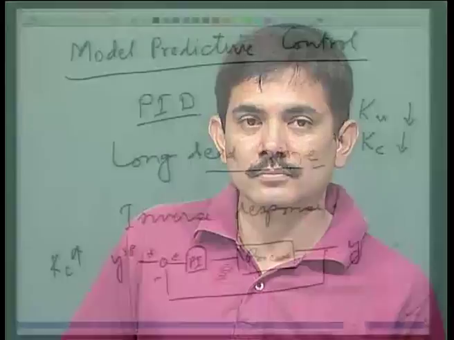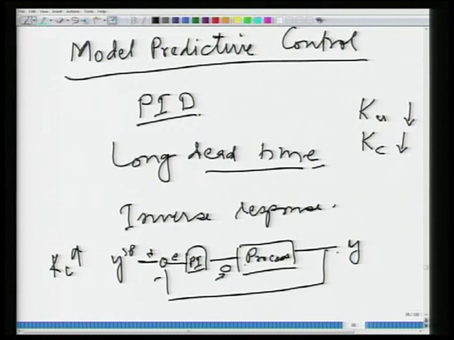Similarly, in an inverse response, you do something here, suppose you are increasing the steam, you expect the temperature to go up, but what happens is the temperature actually starts to go down before it can come up. Because of this wrong way behavior, again this is worse than dead time. In the dead time, nothing was happening to the output, here the output is moving in the wrong direction.